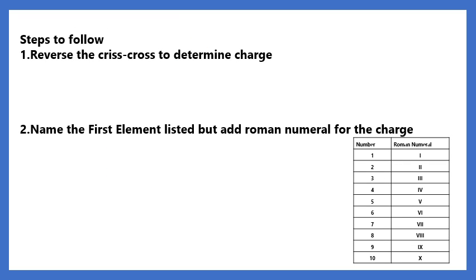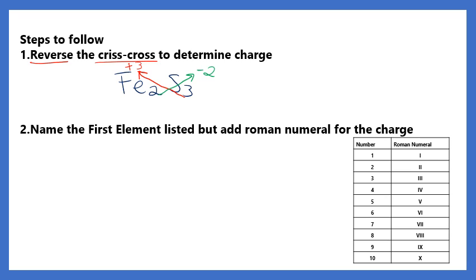So we have Fe2S3, and what we want to do for our first step is to reverse the crisscross. So the 3 is going to go back up to the top of the Fe and become a +3. And that 2 is going to go back up to the S and become a -2.